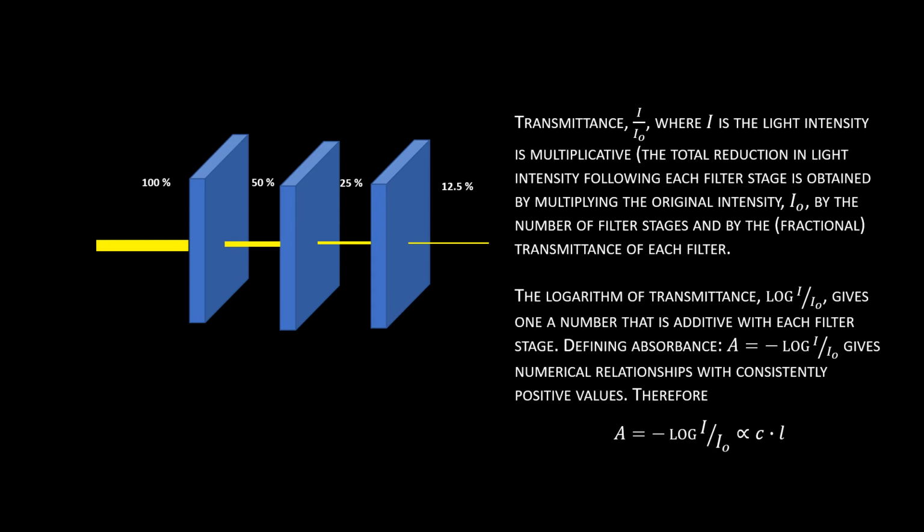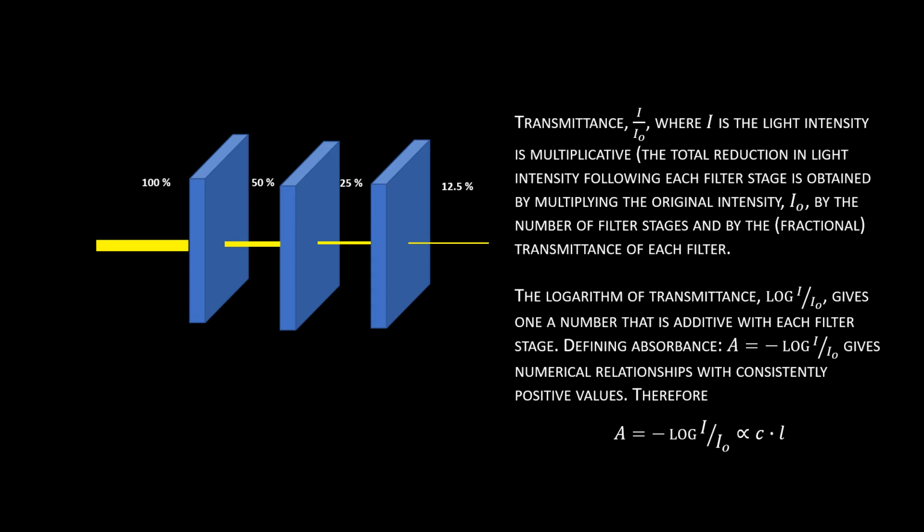However, if I take the log of that ratio, namely the log of the transmittance, that gives me a number that is additive. And you can do this at home with your calculator. So take the percentages represented as fractions, and take the log. If you take the log of 50%, you come up with something like 0.3.